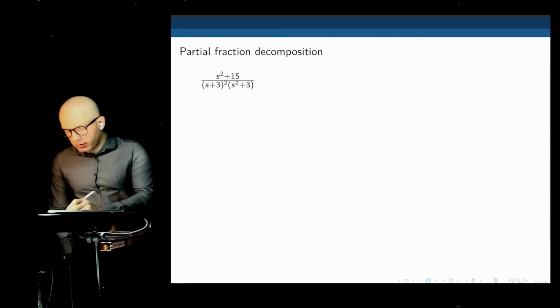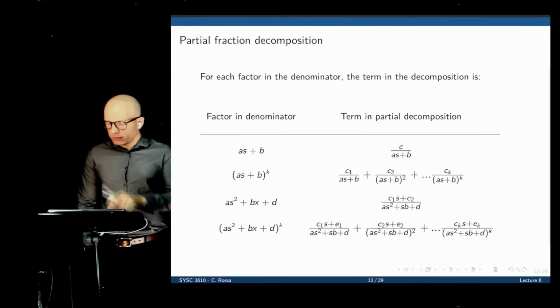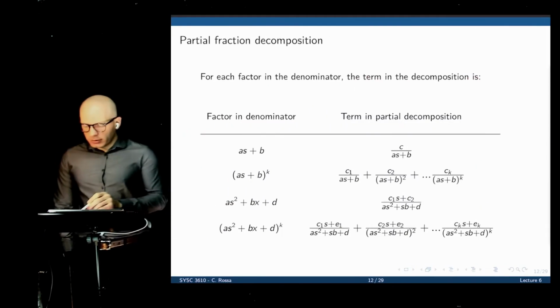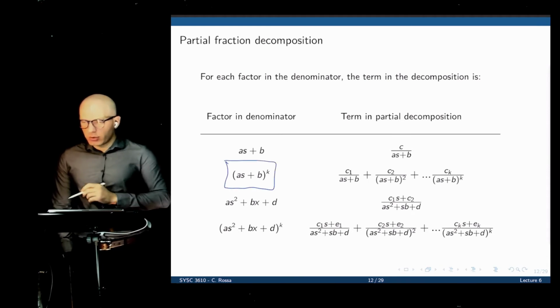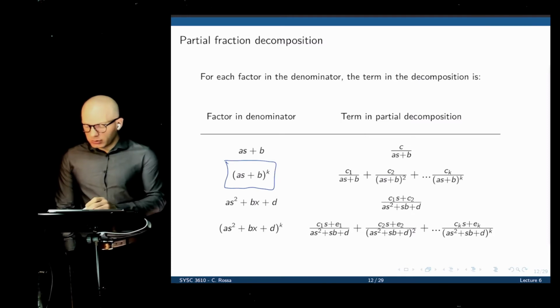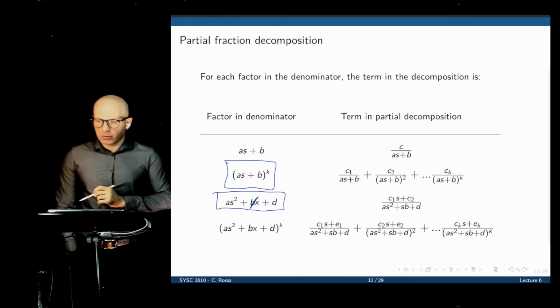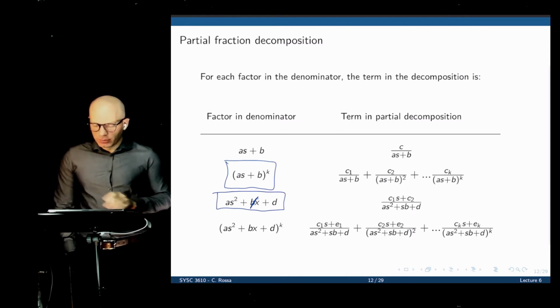Let's start with this one, s plus 3 squared. If you look at the table, we are falling into this category here for that one. And the other one that has a complex root is falling into this category, except that this middle term here is 0. So what are the fractions we need?